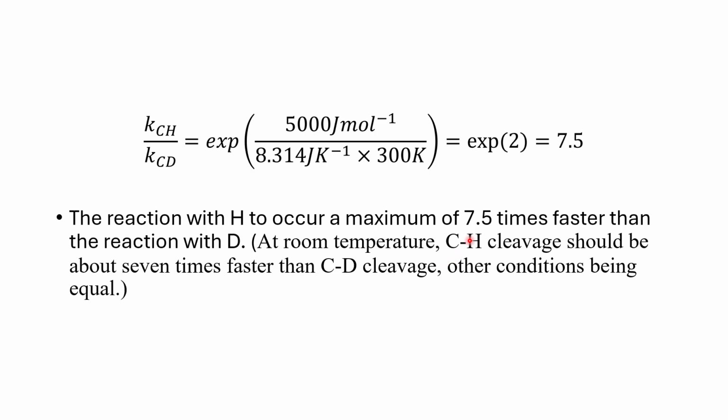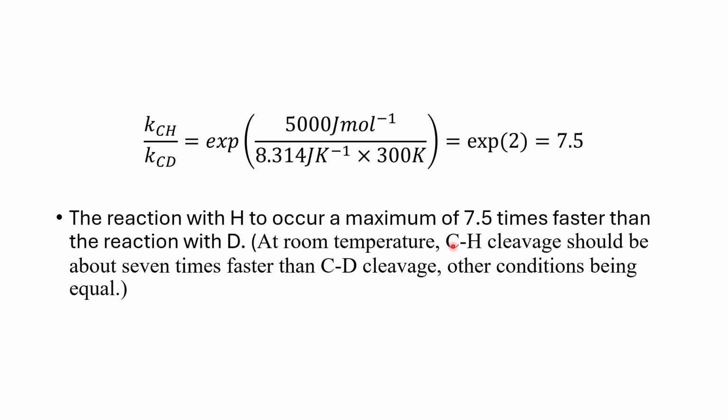This value signifies that the reaction with the hydrogen atom is predicted to occur a maximum of 7.5 times faster than the reaction with the deuterium atom substituted, provided other conditions are equal.